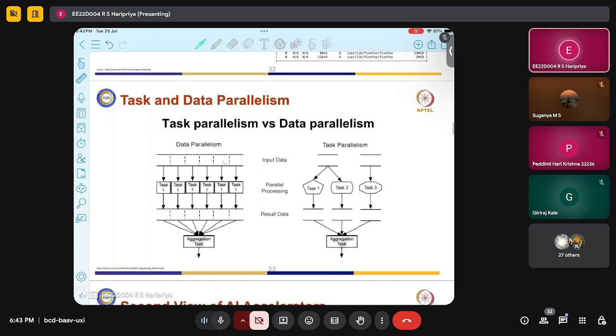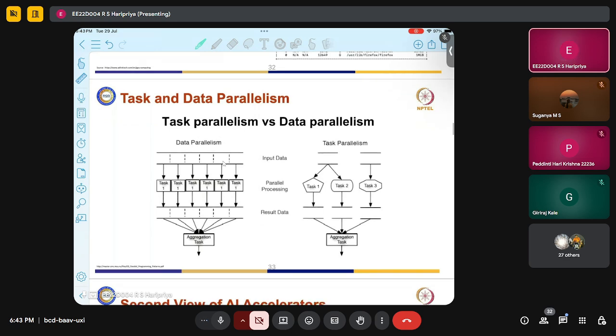Next, task and data parallelism. In data parallelism, there is a data decomposition. The data is divided and given to the different tasks and then combined. In task level parallelism, decomposition is at the task level, so the same data is given to two different tasks.